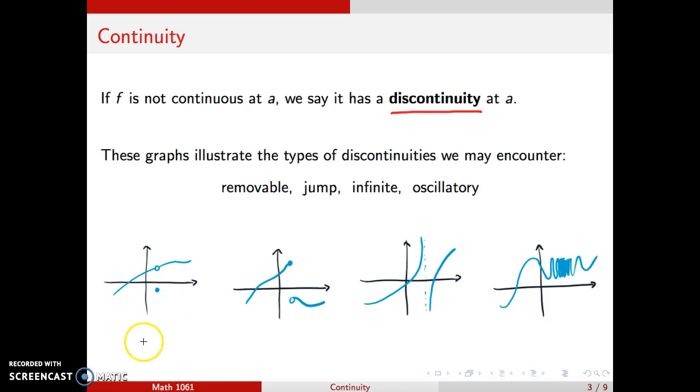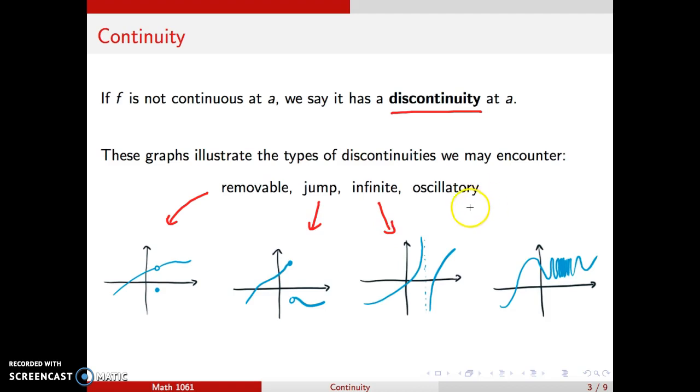We've got some graphs below that illustrate different types of discontinuities we may encounter. Removable, there's an example. We've got that point. It's almost like you picked it off the graph and moved it. We've got a jump discontinuity, kind of like the one I just sketched on the previous slide. We've got an infinite discontinuity. That would come about from infinite limits, if you think about what we did earlier.